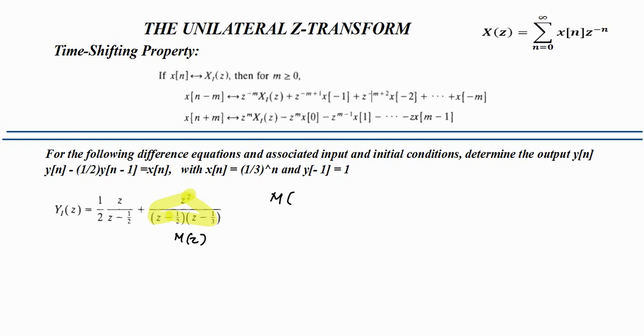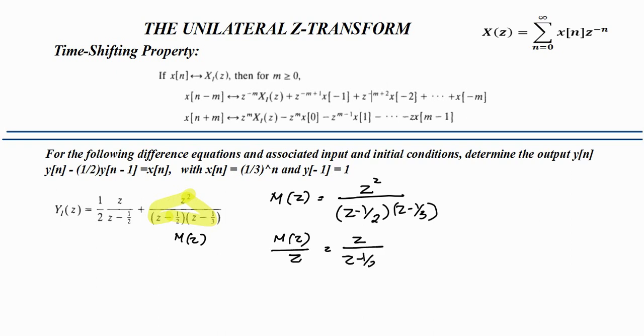So M of z is equal to z square by z minus 1 by 2 into z minus 1 by 3. So M of z by z becomes z by z minus 1 by 2 into z minus 1 by 3. Now we can write it as A by z minus 1 by 2 plus B by z minus 1 by 3.